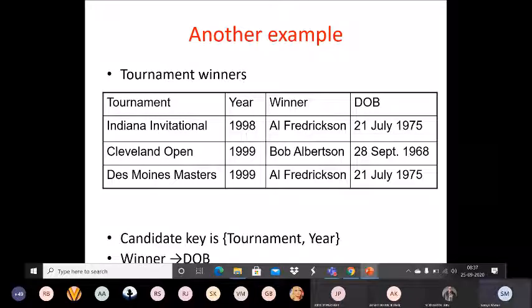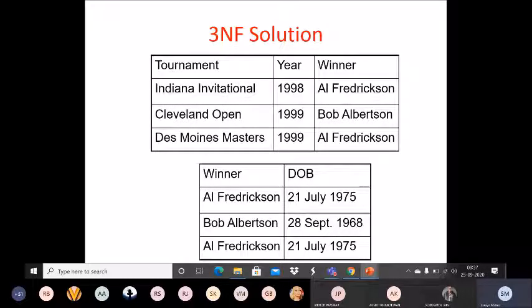Okay, so what should we do? We should divide this table into two parts. Winner and DOB should go to another table, and tournament, year, winner should stay in one table, right? So see the solution. Tournament, year, winner should make one table, and winner and DOB, date of birth, we should make another table.